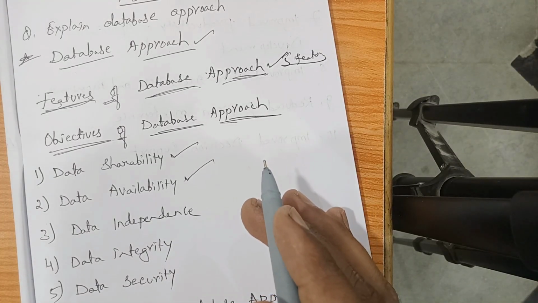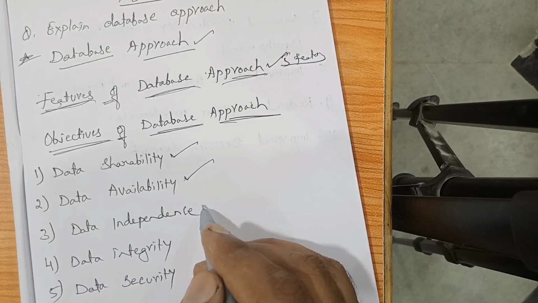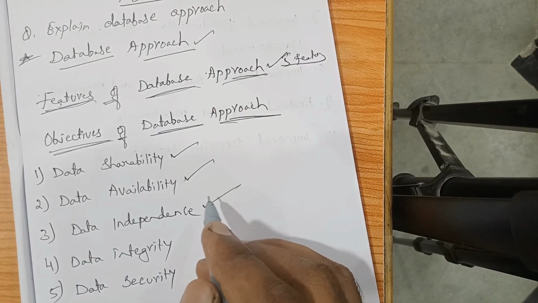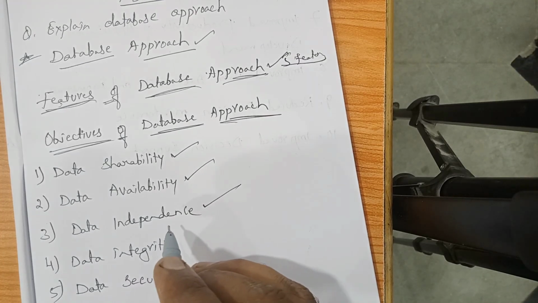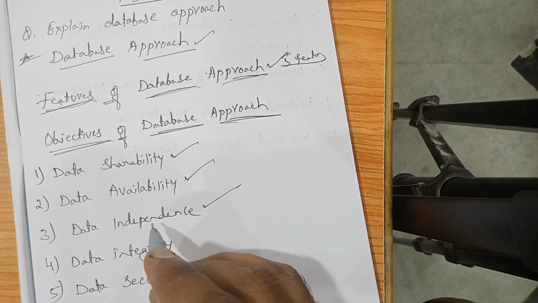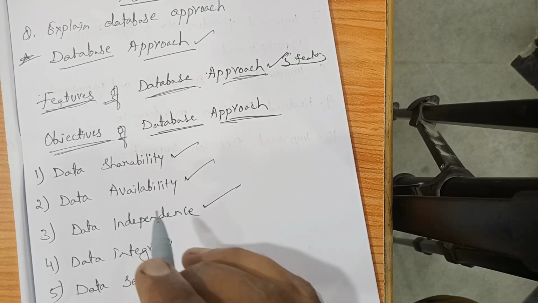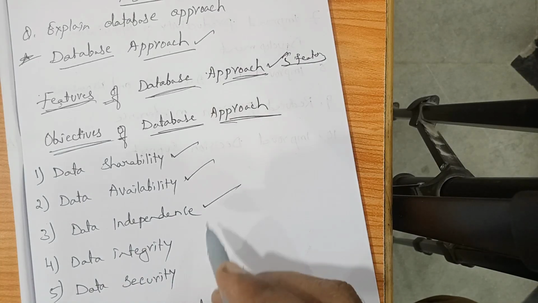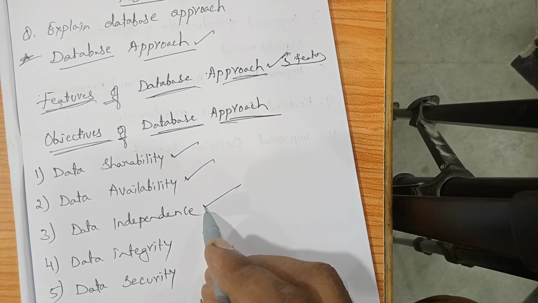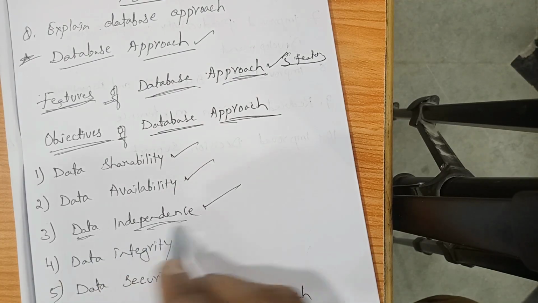The next one is data independence. Independence is different, and data independence is different. The data independence objective ensures that the database program is structured in such a way that it is independent of the storage details. They maintain the storage details under the independence of data.